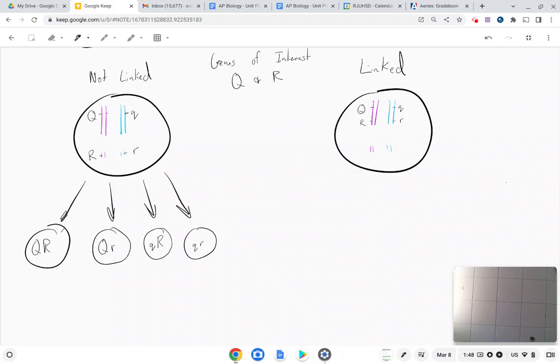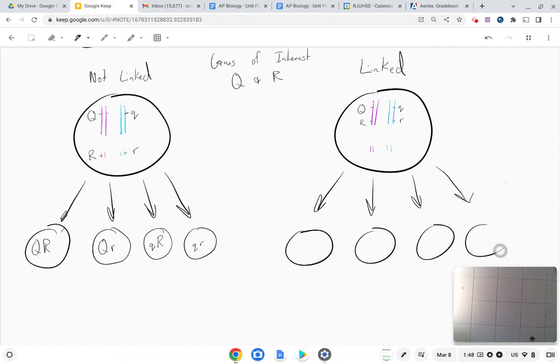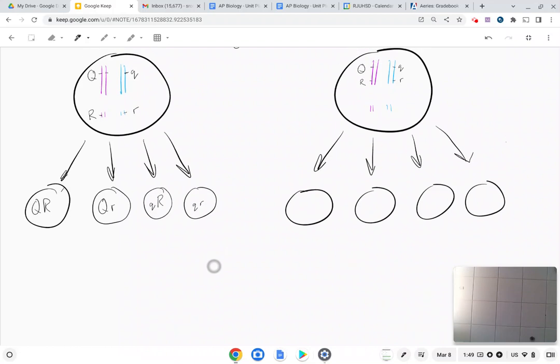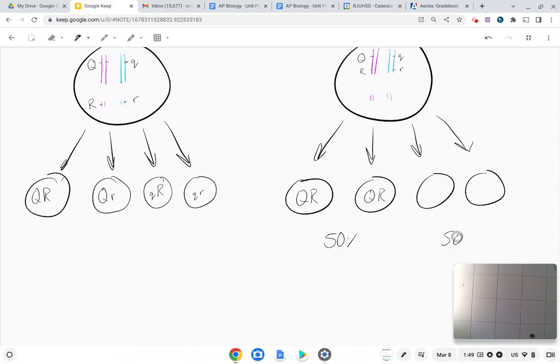But in the scenario where these genes are glued together because they're on the same chromosome, we don't see that same pattern. Instead, what we're going to find is 50% of the time you're going to have both dominant, right? The other 50% of the time you're going to have both recessive.